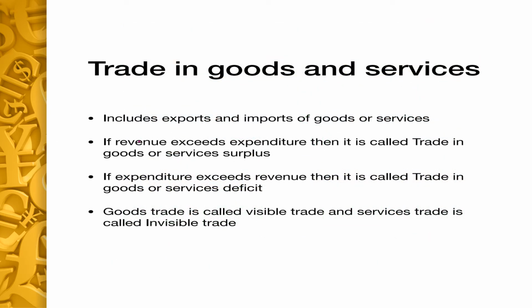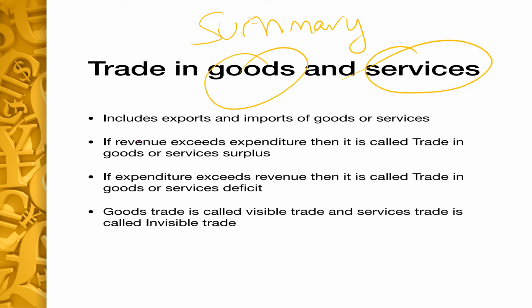So I would like you to pause the video and read this slide. This is a summary of components 1 and 2 in the current account. So I'm talking about the trading of goods and services, the visible and invisible trade.